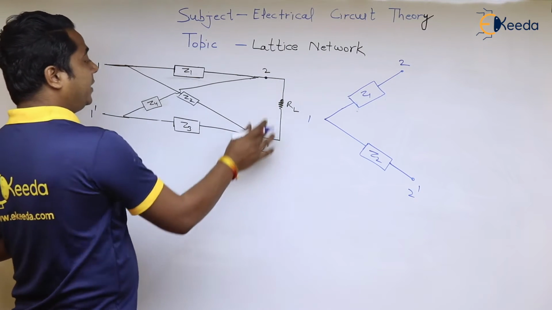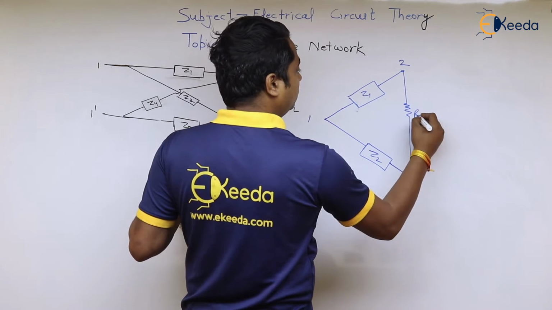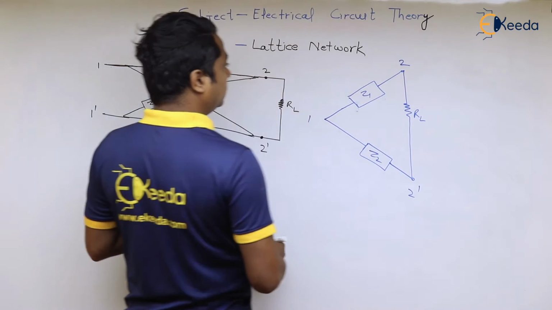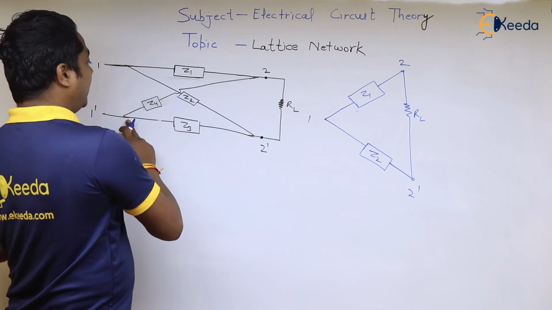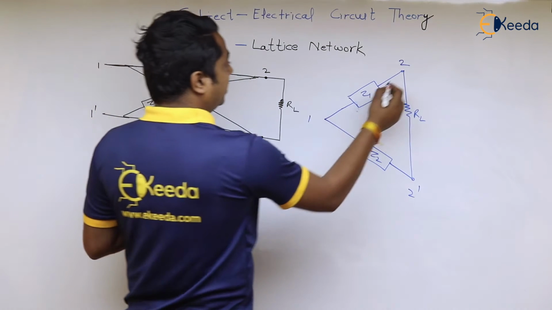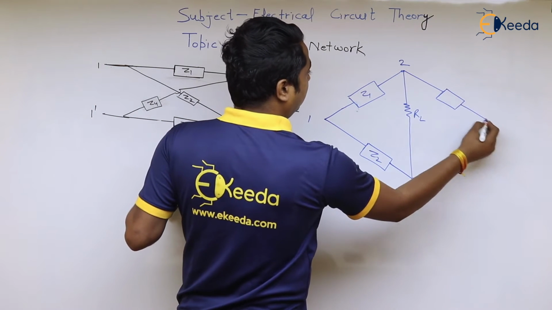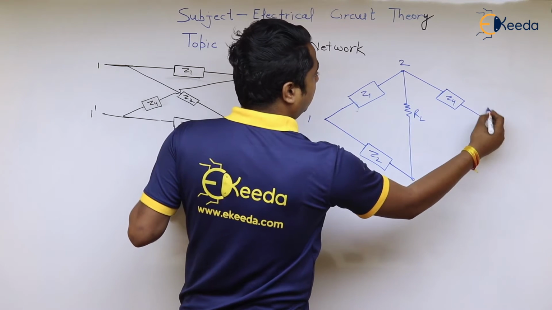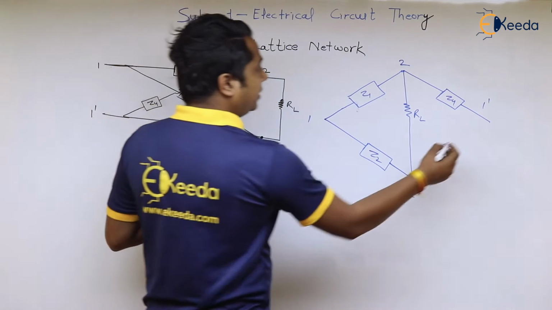Again, 2 and 2 dash are connected with RL. 2 and 1 dash are connected with Z4. 1 dash and 2 dash are connected with Z3.